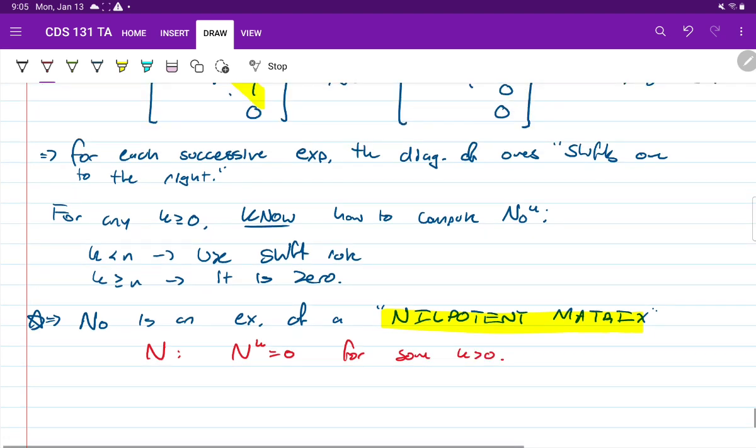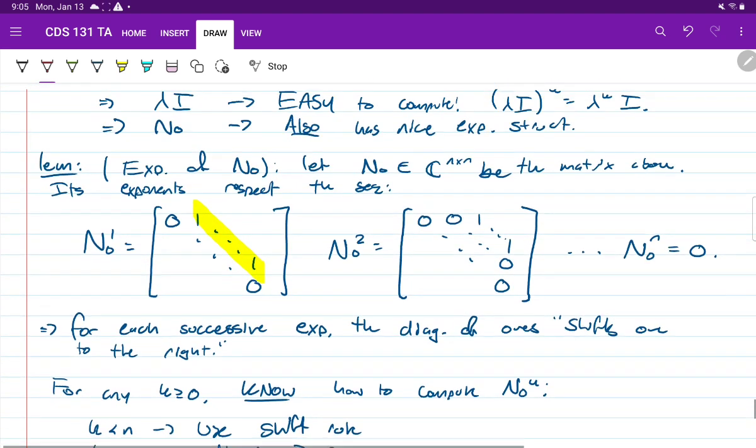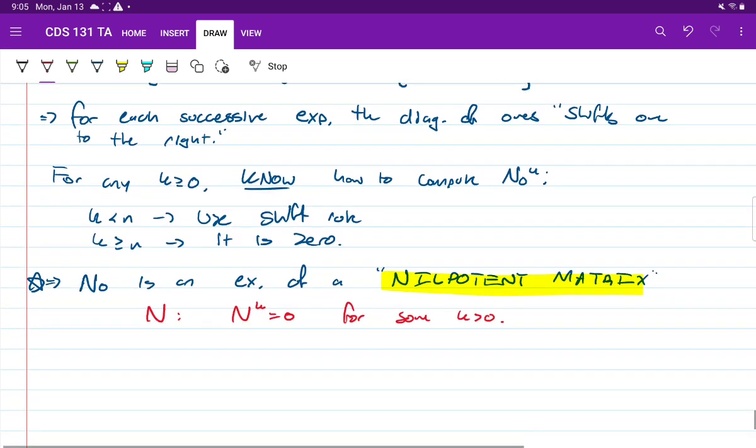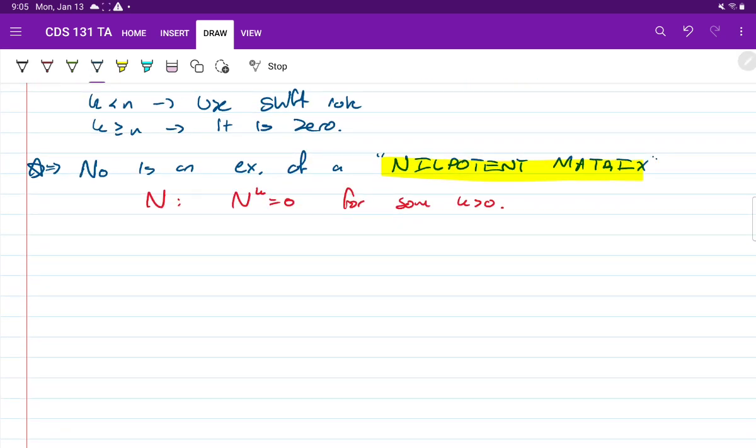This explains the choice of letter n when we're defining n naught up here. So now we know we can compute any exponent of lambda I, and we can compute any exponent of n naught. Putting these two things together, we can compute the exponent of any Jordan block. Let's do that right now.